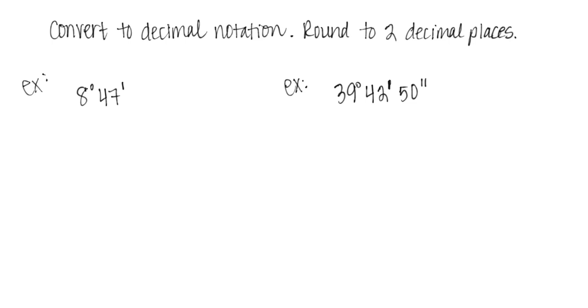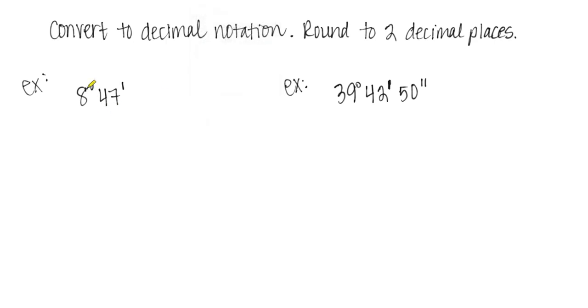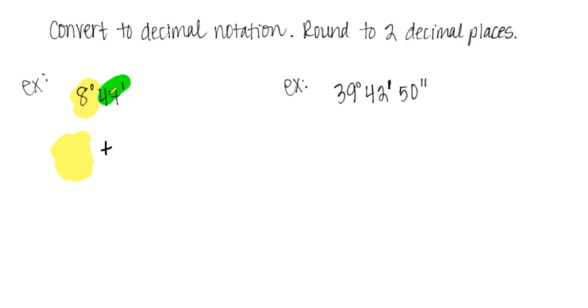So I'm going to start with 8 degrees. It's going to go right there. And then I'm adding to that 47 minutes. But I want 47 minutes to be in terms of degrees.